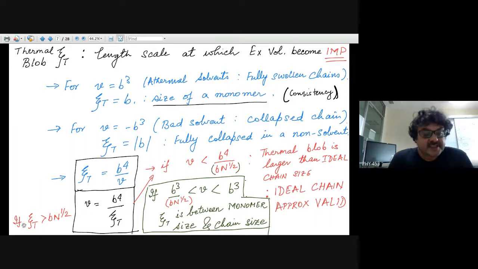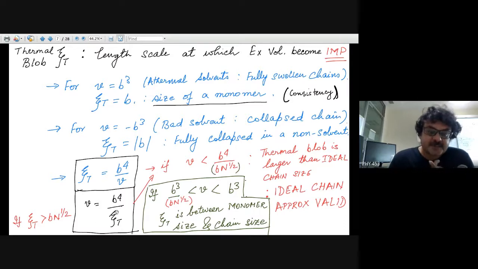So when zeta t is greater than b into n to the power half, where n is the total number of monomers in the chain, right? So if this quantity is smaller than b into n to the power half, the entire chain behaves like an ideal chain, right?